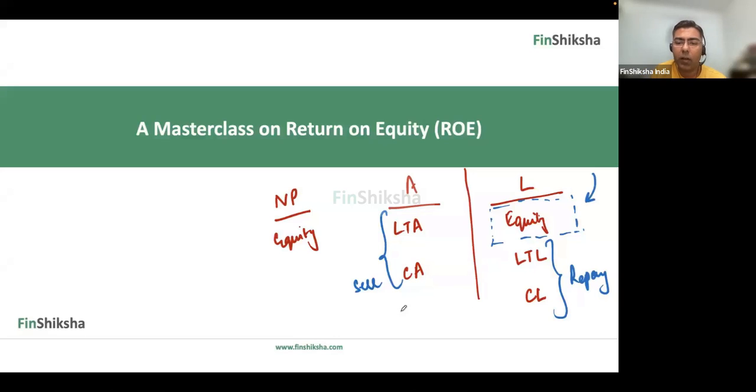If your total assets are worth 1,000 and your total external liabilities are worth 800, then if you sell this company, you should be getting 200, assuming the balance sheet is correctly reflecting the value of the assets and liabilities. That may not be true in some cases, but broadly, you will assume that the minimum you will get if you buy this company would be that 200. This is also the money that shareholders have put into the company. So you're trying to identify what is the return on this.